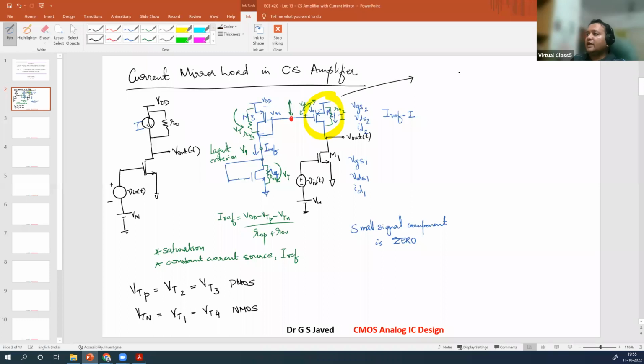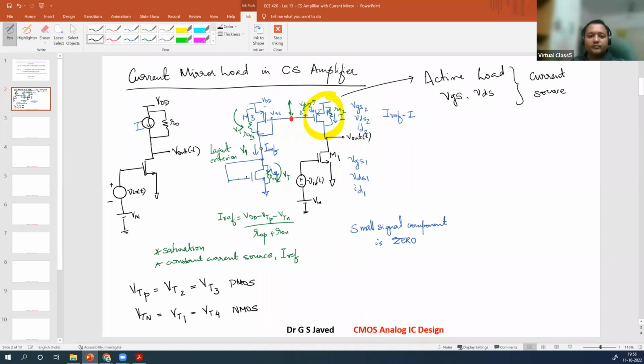This circuit is the active circuit, which is considered as the active load. And this circuit plays the maximum role, taking into consideration the VGS value and its VDS value. That would clearly define how it is behaving as a current source, a constant current source.